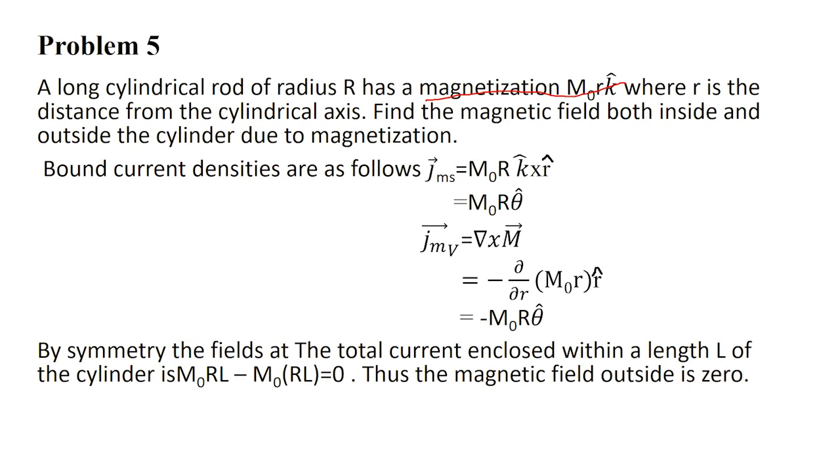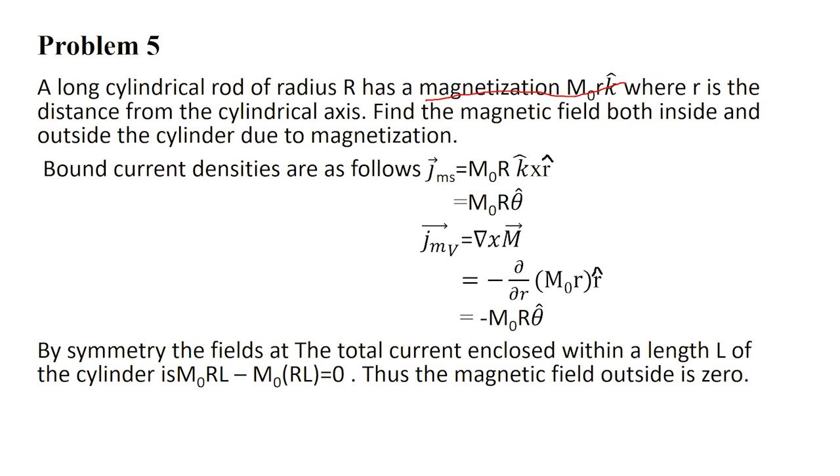Next, we need to find the volume current J_B, whose formula is gradient cross M. This equals minus d by dr of M0 r, theta cap. Differentiating, we get minus M0 theta cap.